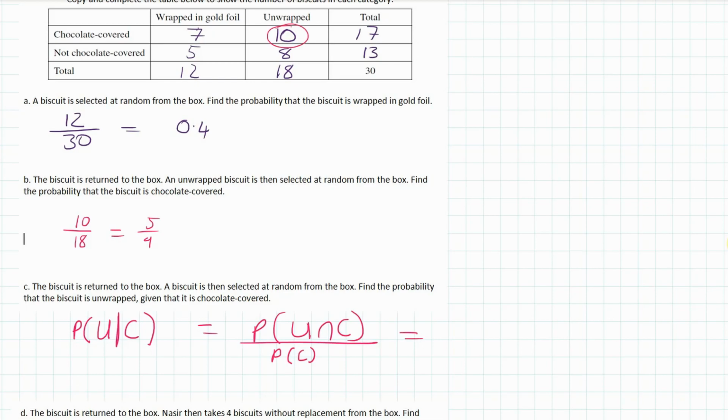So 1/3, 10 out of 30 over, and then the probability that's chocolate, what is that? That's altogether there are 12. No, they're not. There are 17 chocolates, aren't there? So that's 17 out of 30.